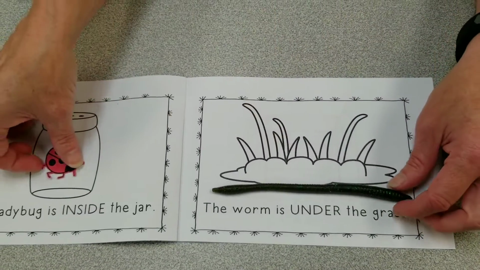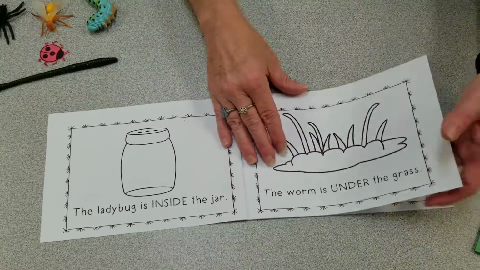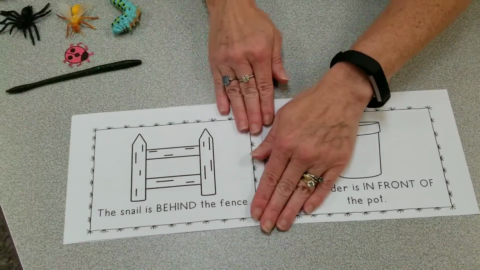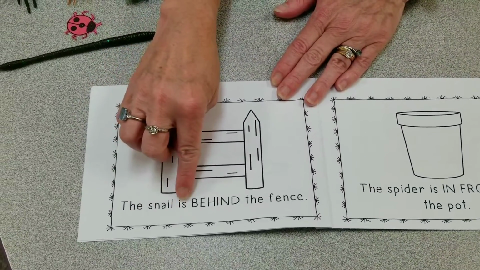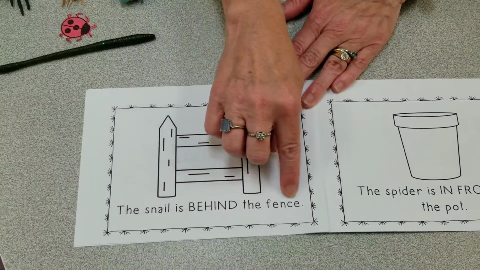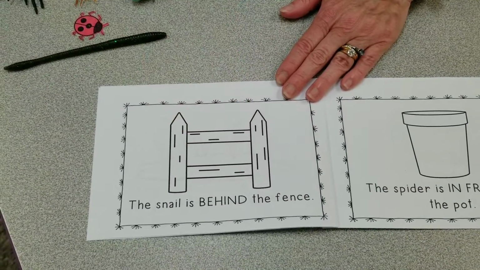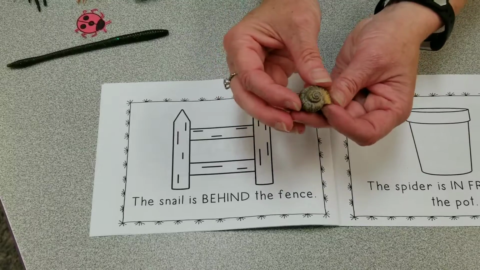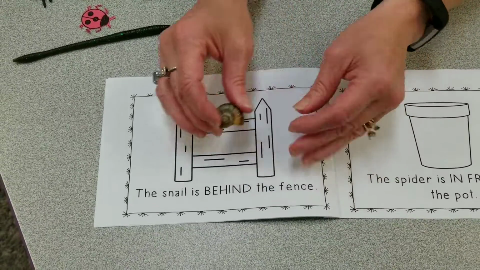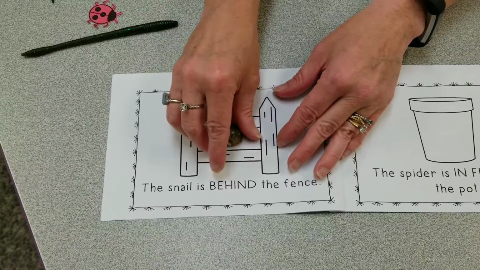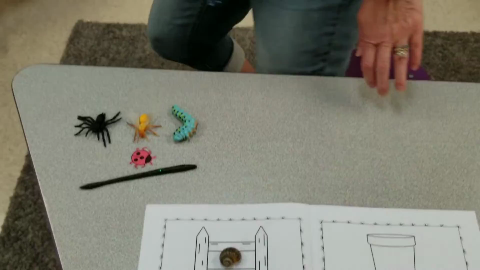I'm going to move them off so I can turn the page. Right. This one says the snail is behind the fence. So you'll have to draw it kind of behind the fence. Miss Easter has a cool snail shell, and you can see that it's a swirl. We're going to put it there because I can't put it behind the fence on the paper, but I can show you real quick how to draw a snail.